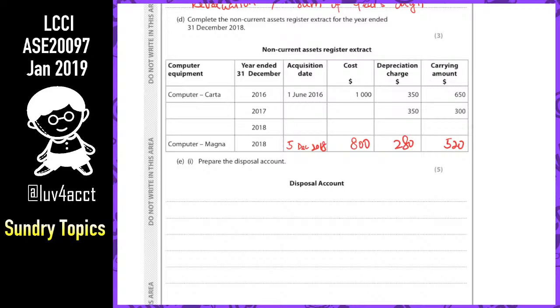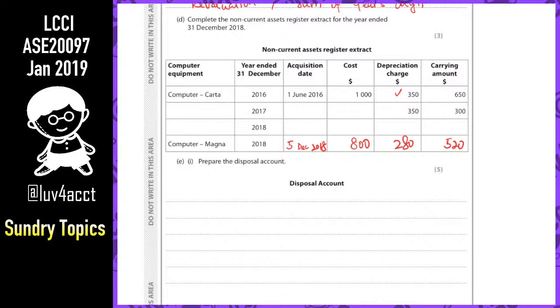If you look at this computer Kata, the cost is 1,000, purchased on the 1st of June. 35% will be 350 for each year. So you can see in the first 2 years it is 350.